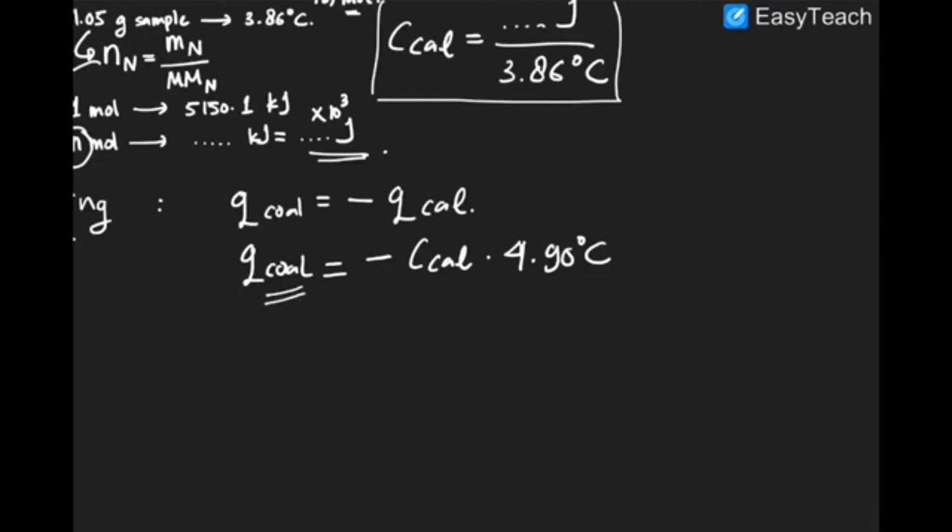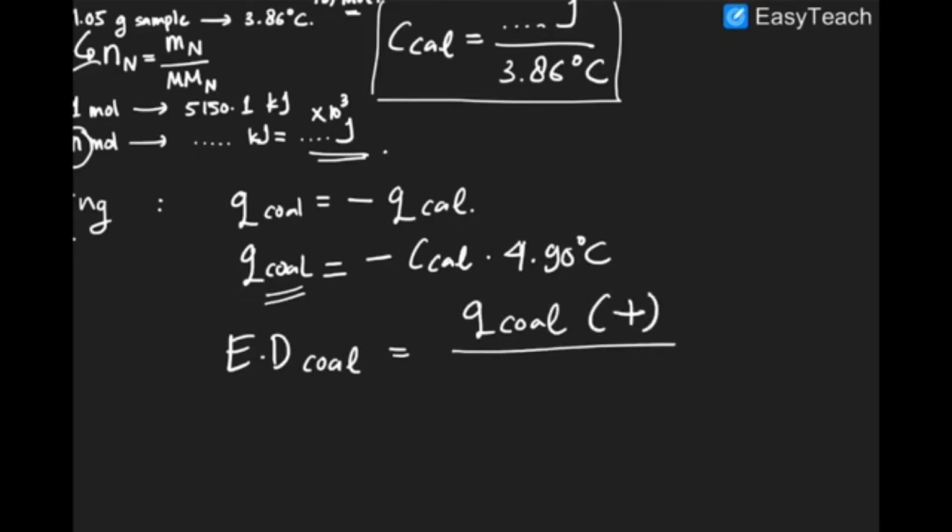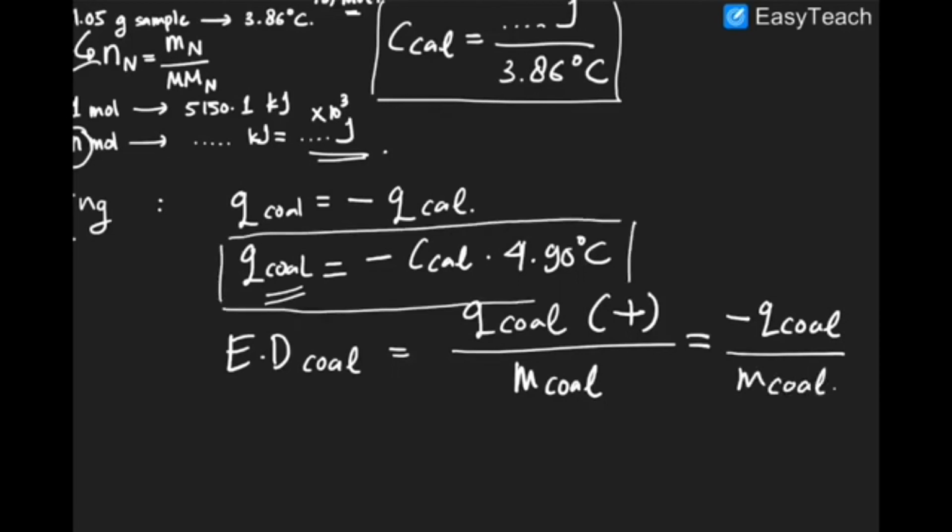And lastly, you can find the energy density of the coal by dividing the Q of the coal, don't forget this has to be positive in value, divided by the mass of the coal. Or you can also write it down as minus Q of the coal divided by the mass of the coal, because the Q of the coal that you will obtain from this equation will be negative as the coal is releasing heat upon its combustion.